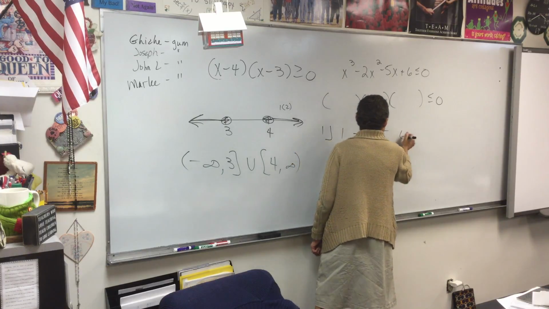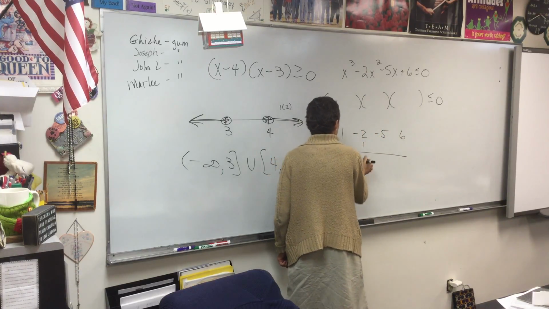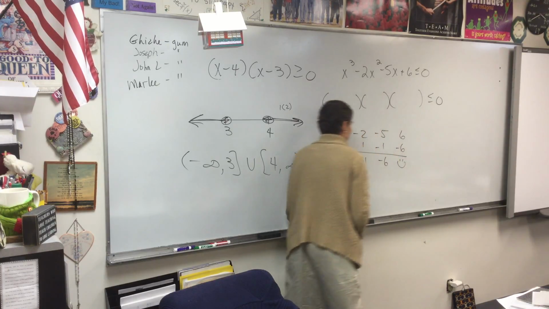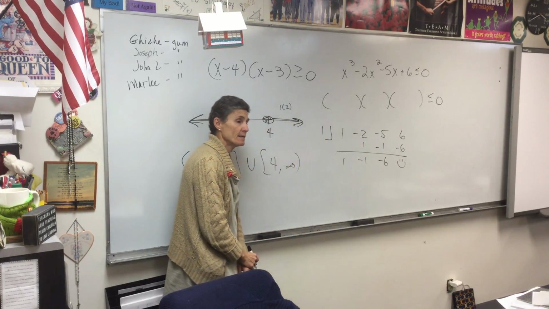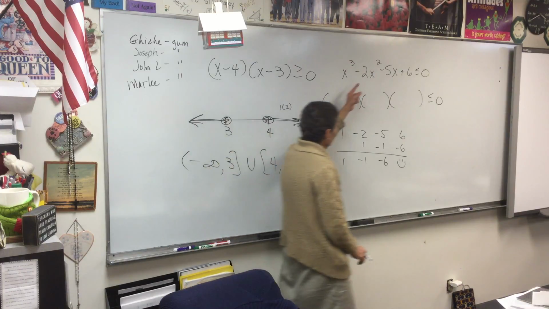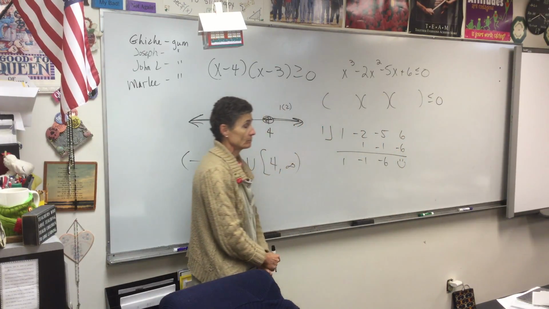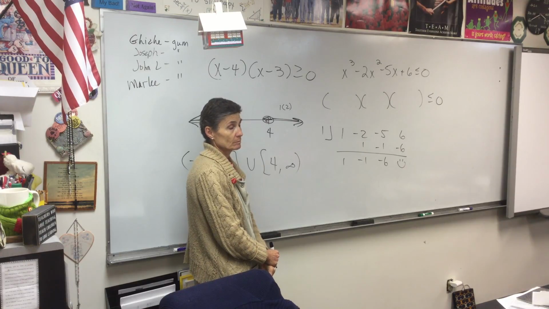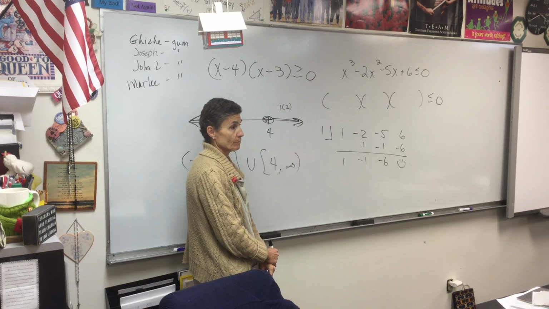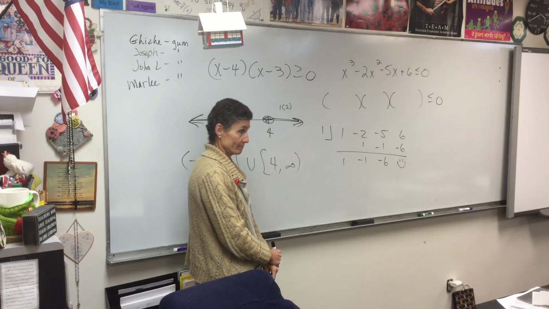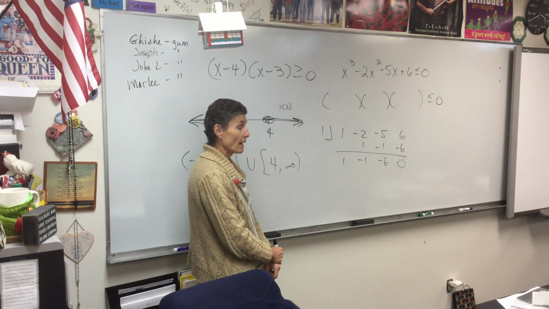I was trying to get too fancy. So I'm going to divide it out. There we go. So the number 1 worked. When I plugged in 1, I got 0, so I divided it out. Okay, is that ringing some bells? You know how to do this. What happens next?